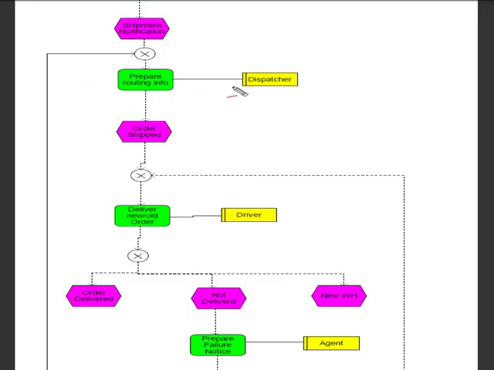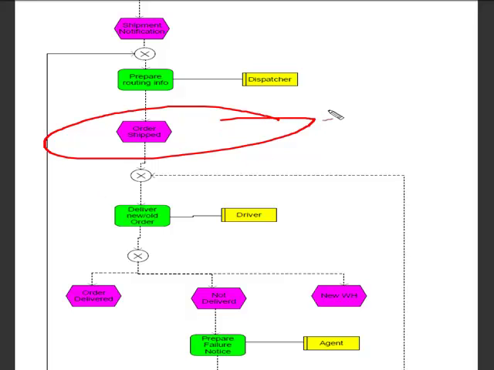So the dispatcher provides the routing information, which may actually involve going to several different locations, warehouses actually.